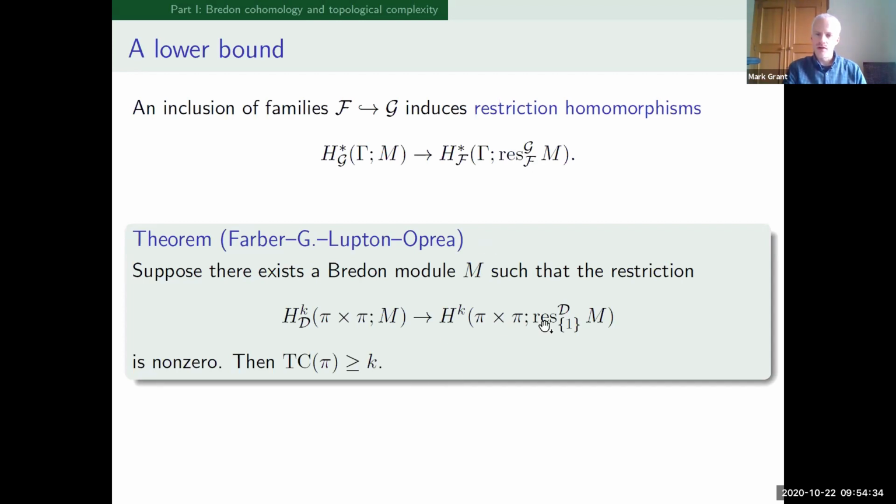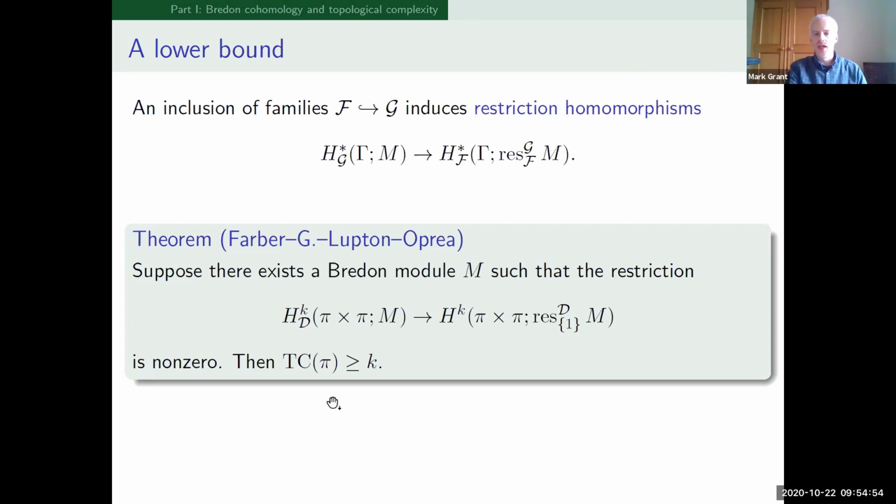So since we allow that the trivial group is in our family D, we have a restriction from the Bredon cohomology with respect to D to the ordinary group cohomology, which is just the Bredon cohomology with respect to the trivial family.